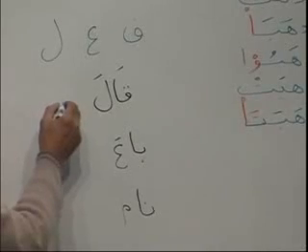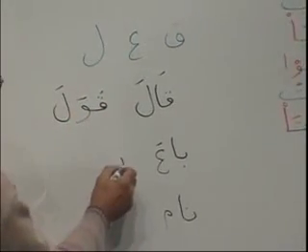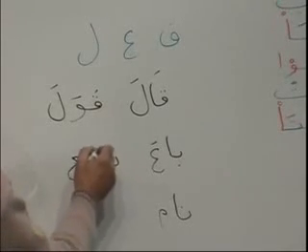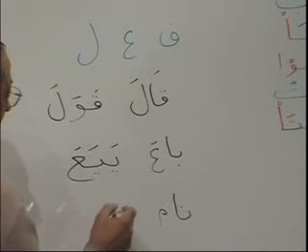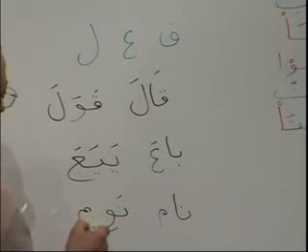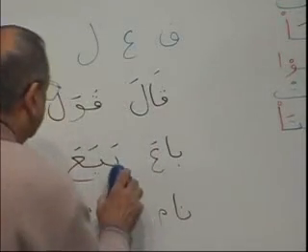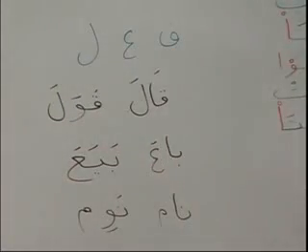Kala is ka, wa, la. Ba'a is ba, ya, a. And nama is na, wa, ma. Are you with me, brothers and sisters?